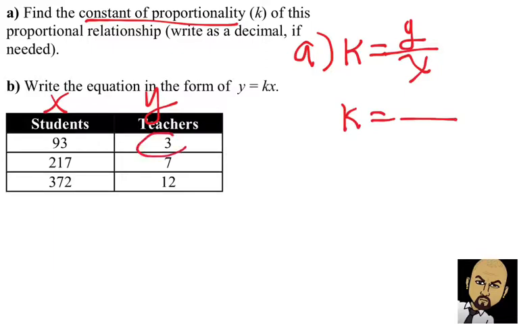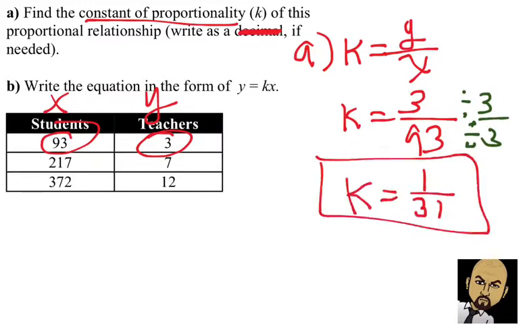So let's substitute our y value. Our y value is 3 and our x value is 93. Originally I put down to write our answer as a decimal, but I should have put fraction. So let's simplify. We can divide our numerator by 3 and our denominator by 3, so we end up with a constant of proportionality of 1/31.